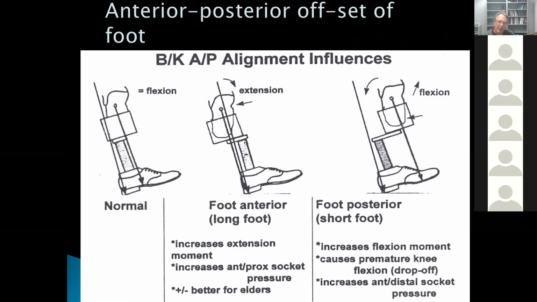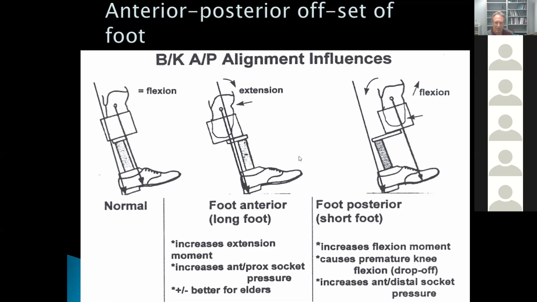So if we have the foot being longer, and it couldn't actually be the prosthetic foot that is too long, but in this case what it's actually showing is that the pylon is too far forward. We have a really high external knee extension moment during mid and terminal stance, right?